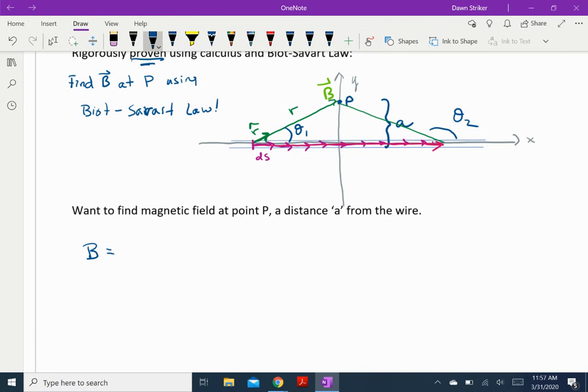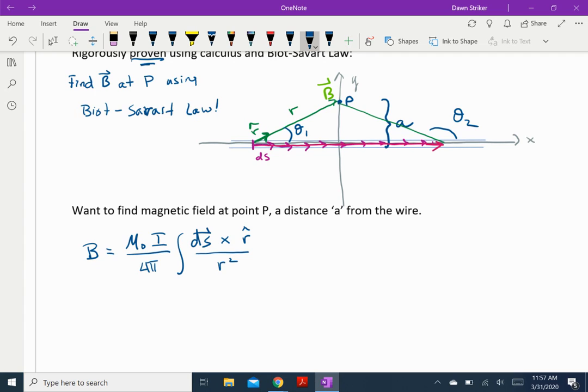B is equal to, according to the Biot-Savart law, mu sub 0 I divided by 4 pi times the integral of ds times the sine of theta. Whoops, let me start with the actual cross product. So ds cross r hat divided by r squared.